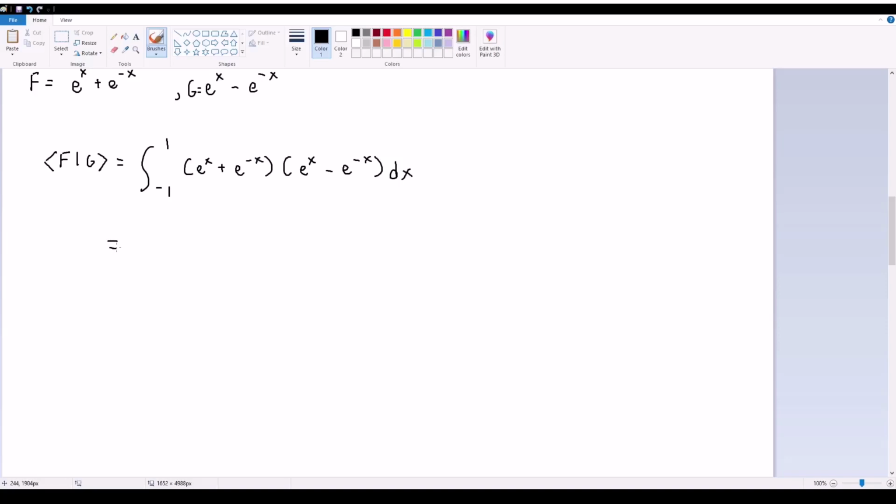If I then multiply this out, let's see, e to the x squared minus e to the x e to the negative x plus e to the negative x e to the x minus e to the negative x squared.